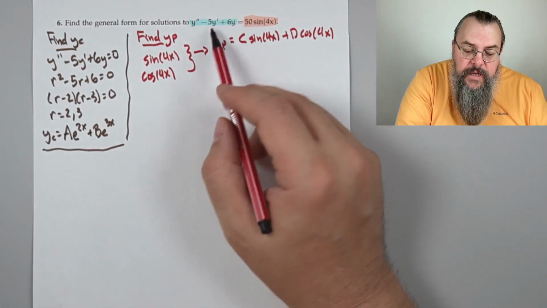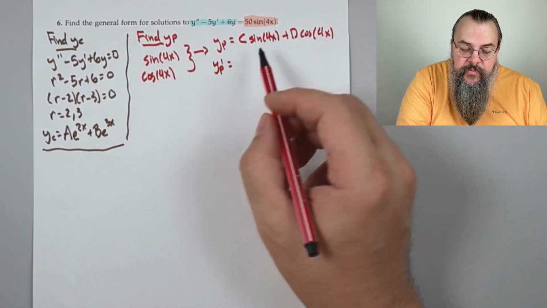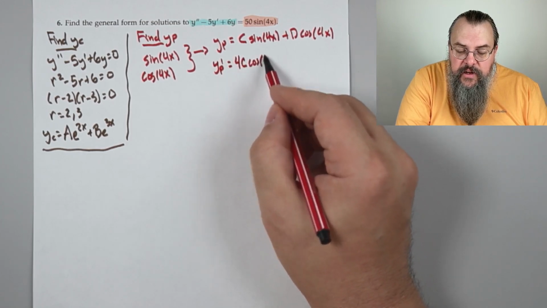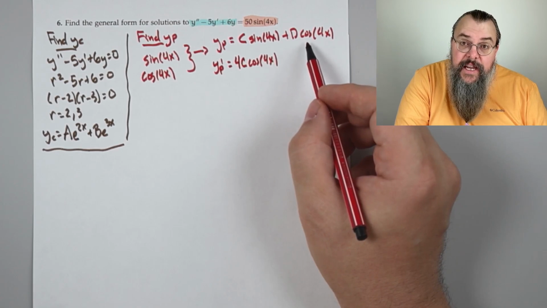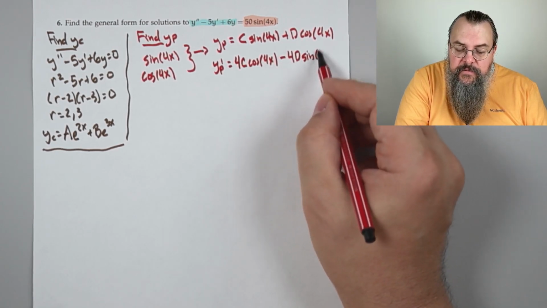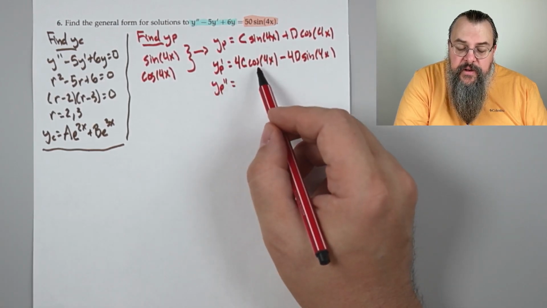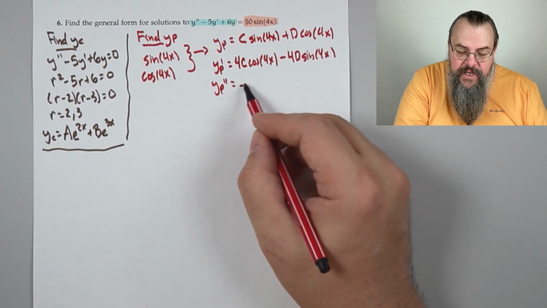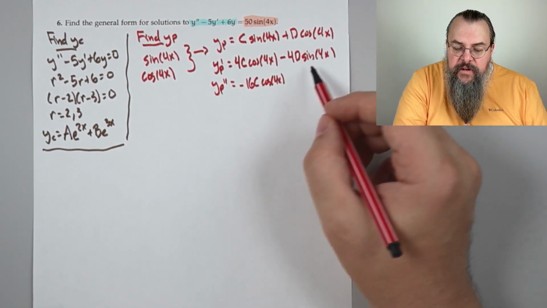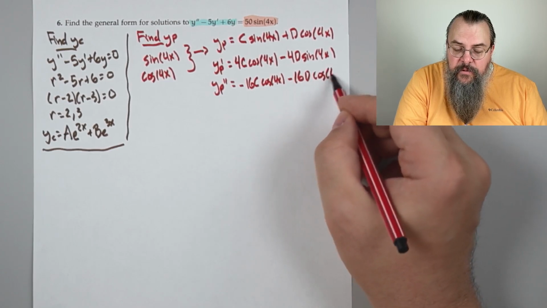So we're going to plug it in, which means we need the derivative and the second derivative. So we'll take yp prime, derivative of sine is cosine, 4 comes out, so 4c cosine 4x, derivative of cosine is negative sine, 4 comes out, so minus 4d sine of 4x. yp double prime, okay, derivative of cosine is negative sine, 4 comes out, so minus 16c sine 4x, and derivative of sine is cosine, 4 comes out, minus 16d cosine 4x.